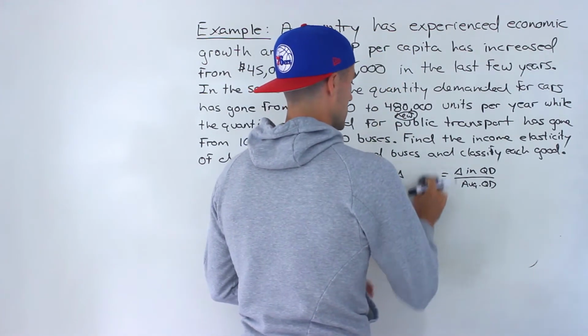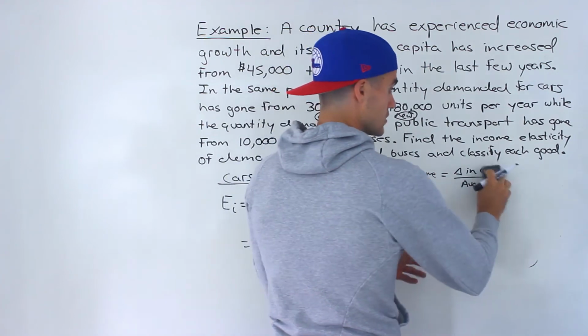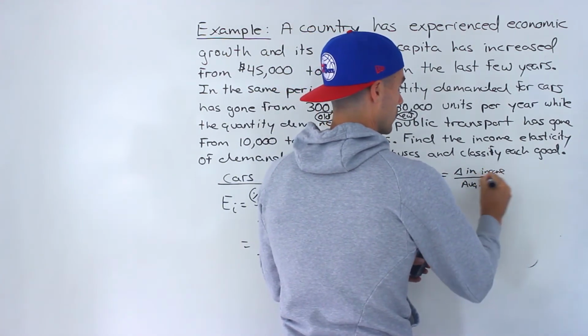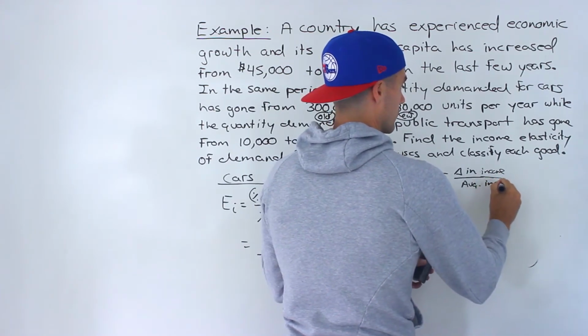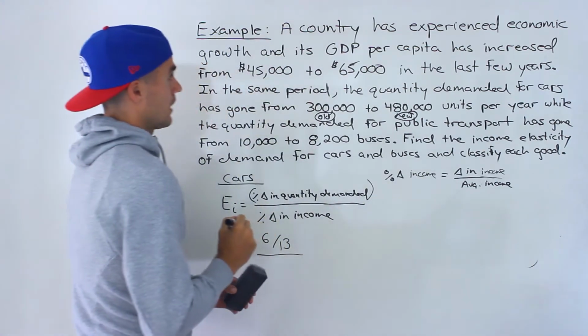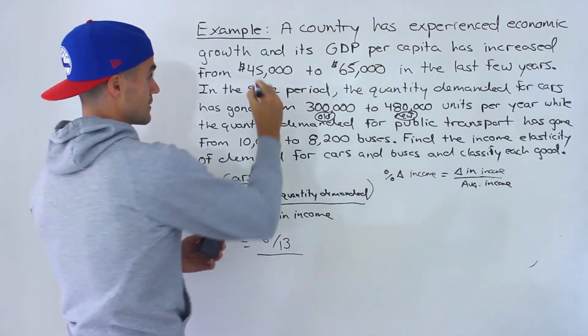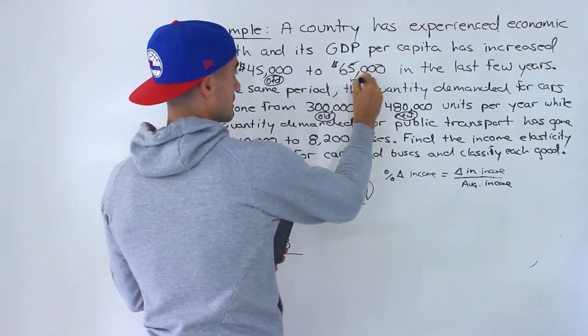The percentage change in income is going to be the change in income over the average income. And so notice that the income went from 45,000 to 65,000. So this is the old amount, and then this is the new amount.